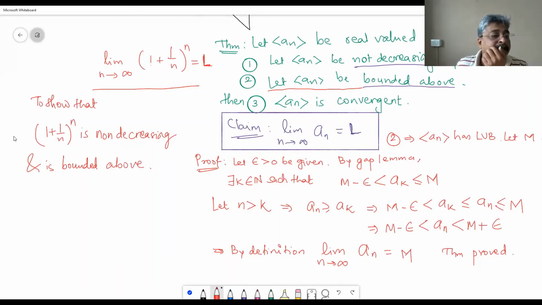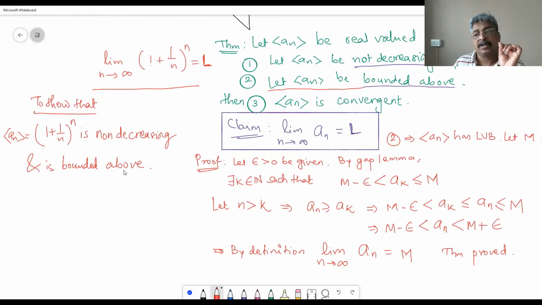This is the sequence an which is non-decreasing and bounded above. If we could prove this, then by this theorem we can say that it is convergent, and we will find out what value it converges to.